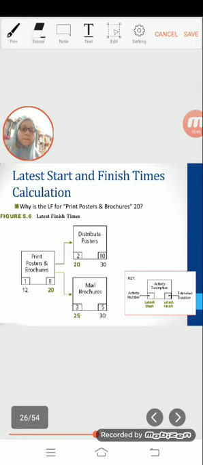Even though mail brochure does not have to start until day 25, print poster and brochure must finish by day 20 or else the entire project will be delayed. If print poster and brochure does not finish until day 25, then distribute brochure will not be able to start until day 25.